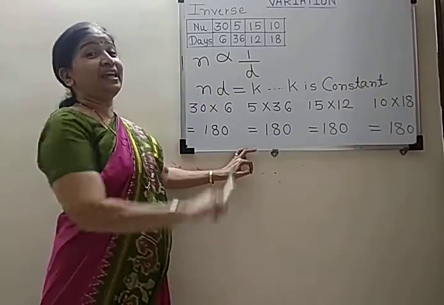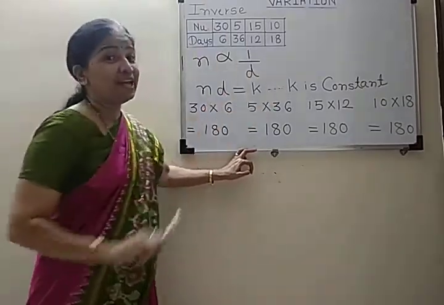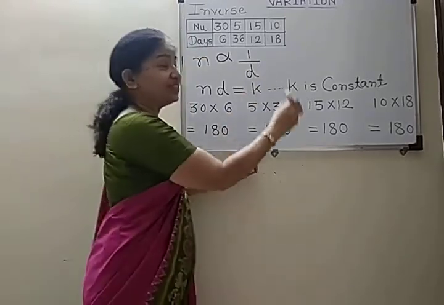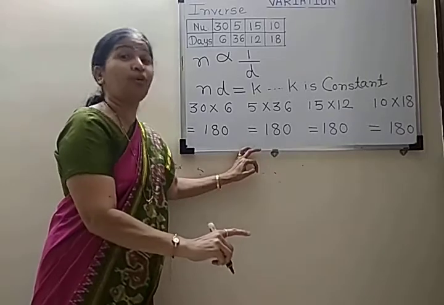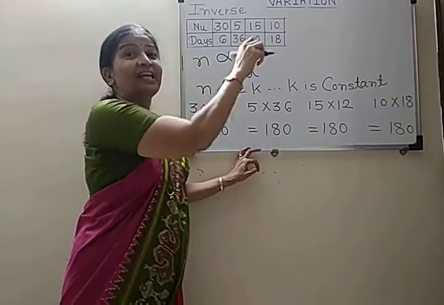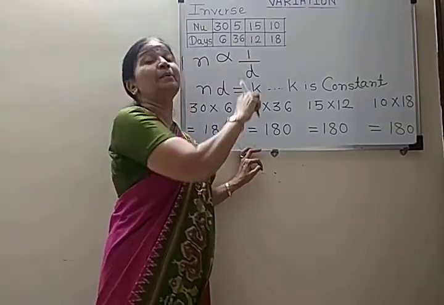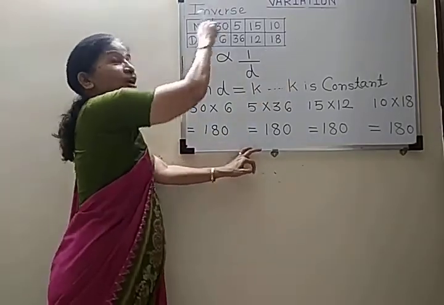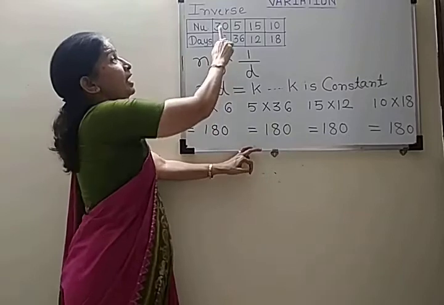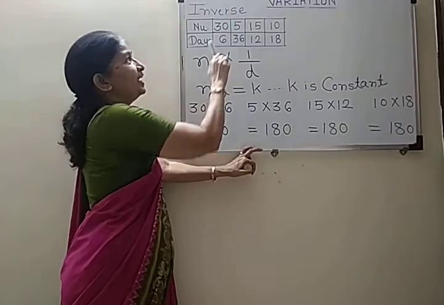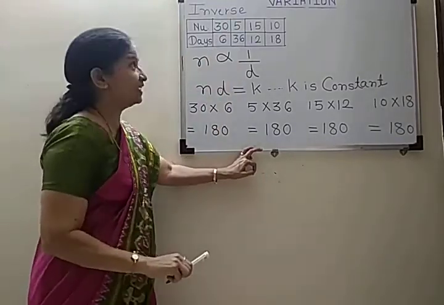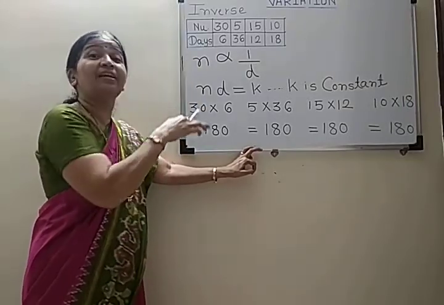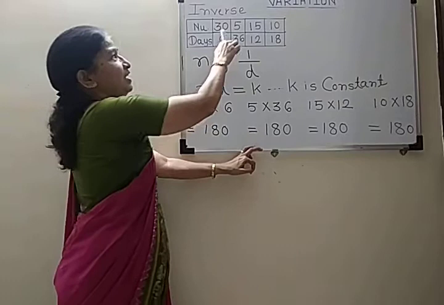Remember again, in direct variation, when one factor is increasing, it causes an increase of the second factor also. But in inverse variation, when one factor is increasing, the second factor decreases.